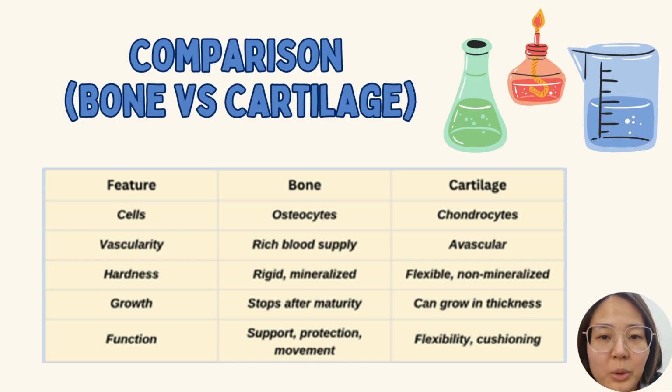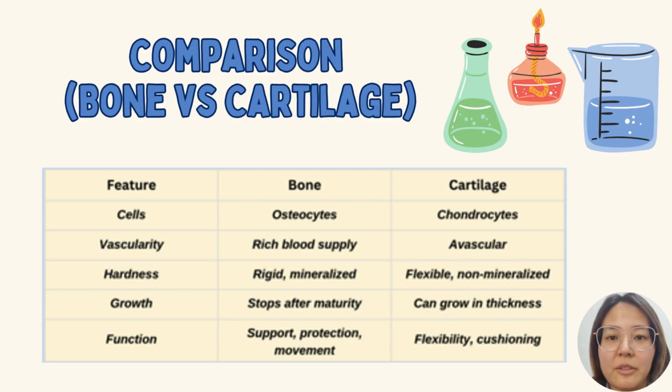For bone, growth stops after maturity. For cartilage, it can still grow in thickness, which helps keep our joints healthy. Finally, their job. Bone's function is support and protection. It's the body's frame. Cartilage's function is flexibility and cushioning. It's the body's shock absorber.